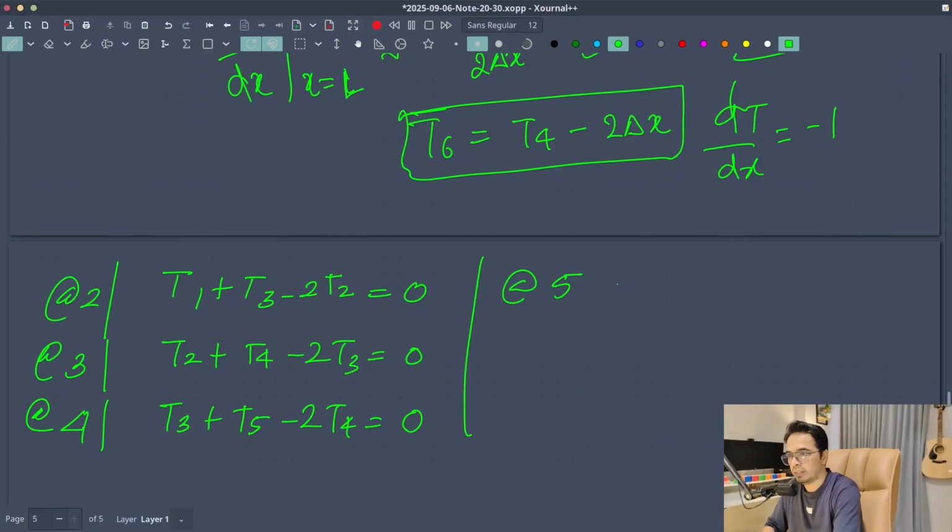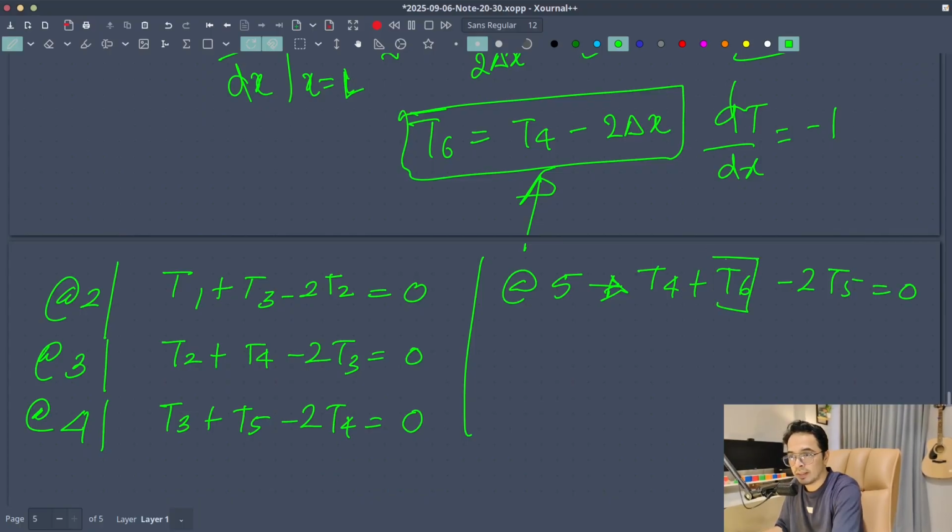At 5, what do we have? We have the central differencing scheme. We simply apply the central differencing scheme because we have a node at 6 now. So we write T4 plus T6 minus 2T5 is equal to 0.